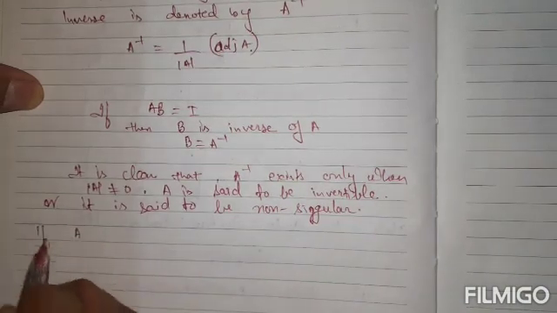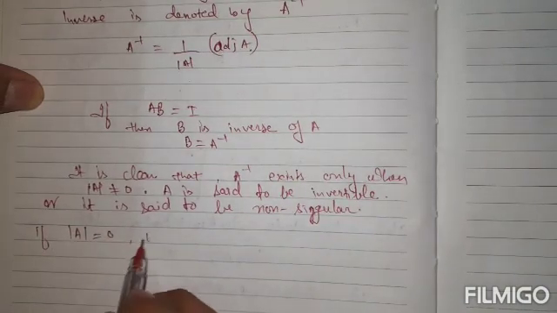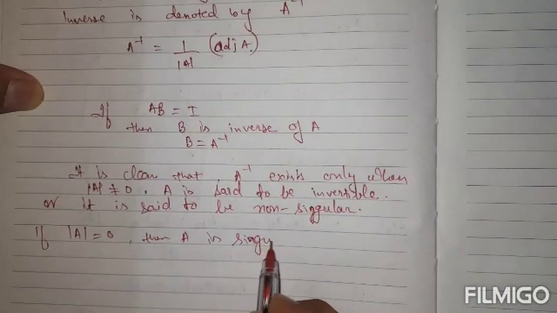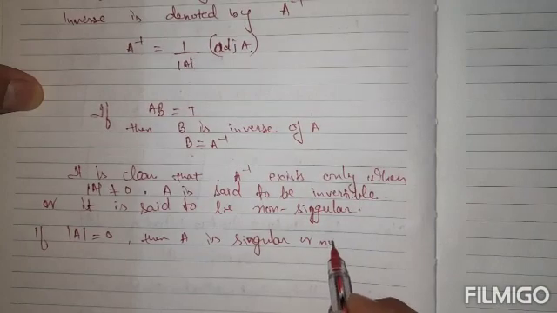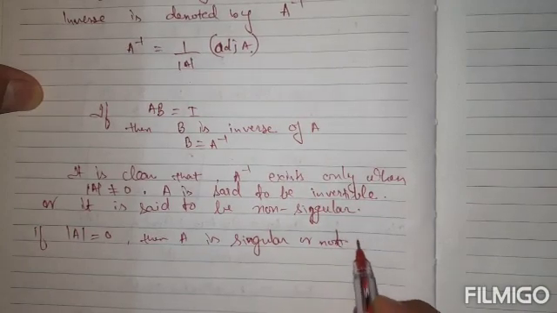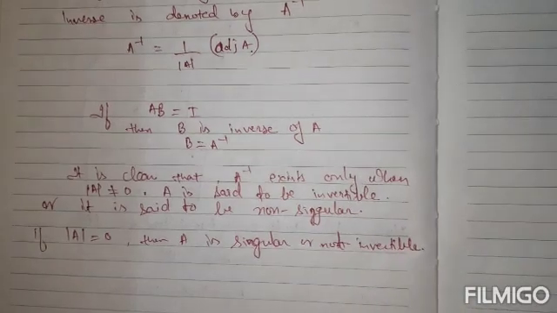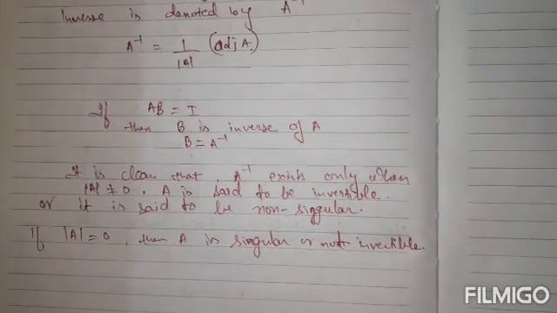If mod A is equal to 0, then A is singular, or not invertible. So this is about the inverse of matrix A.